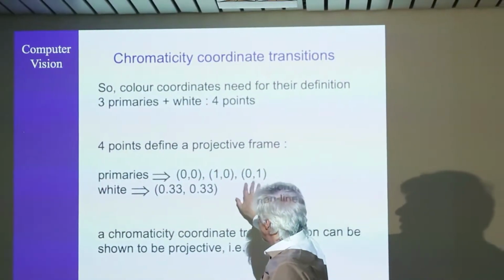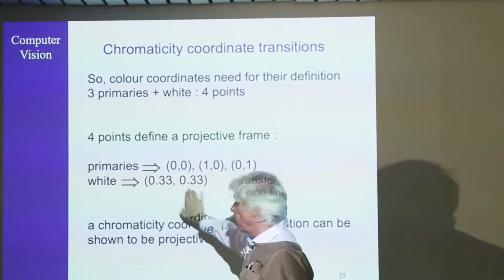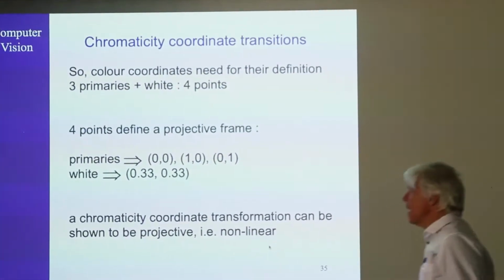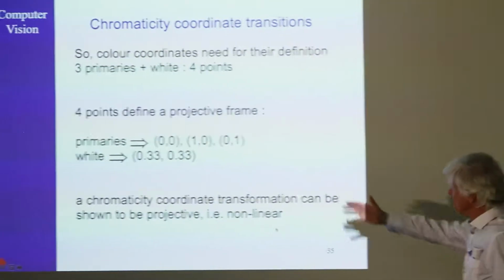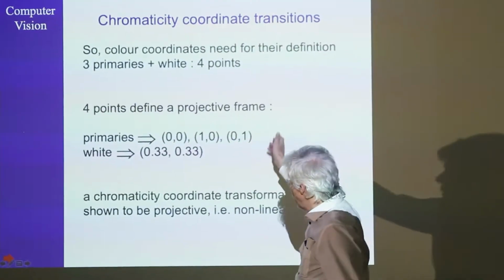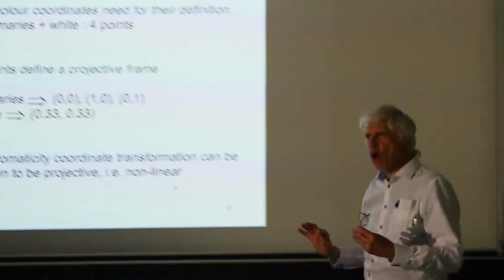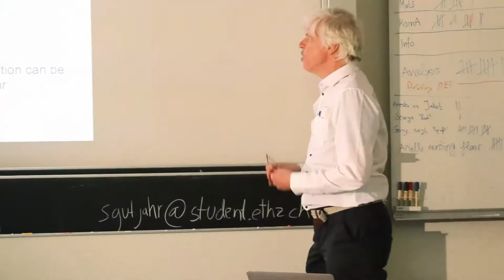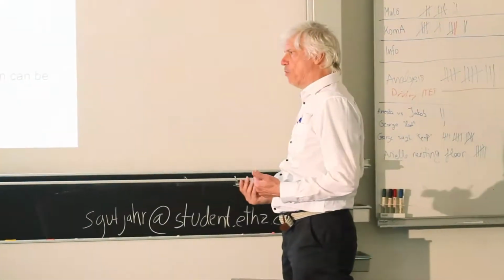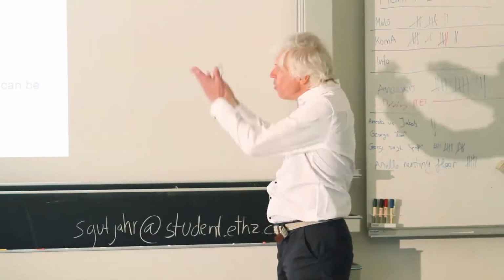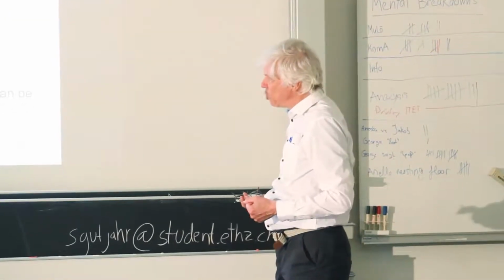So the primaries are there, and white is at (1/3, 1/3), always. Okay. And what happens if you change these things, if you change maybe the primaries and the white, is that 4 of these points now have to shift, right? So in the new space, the new white would have to be at (1/3, 1/3), and the new primaries have to be at these standard positions as well.